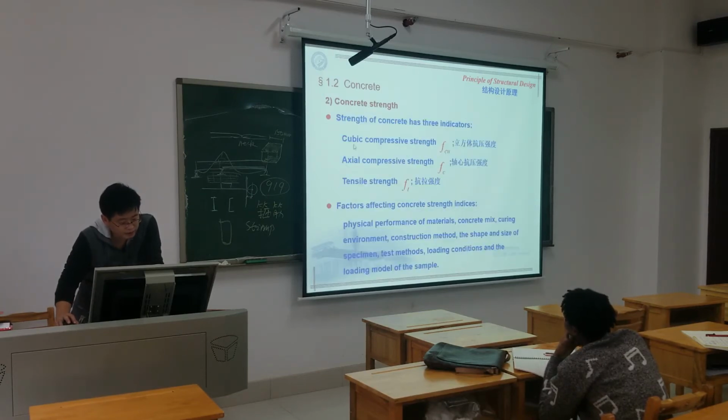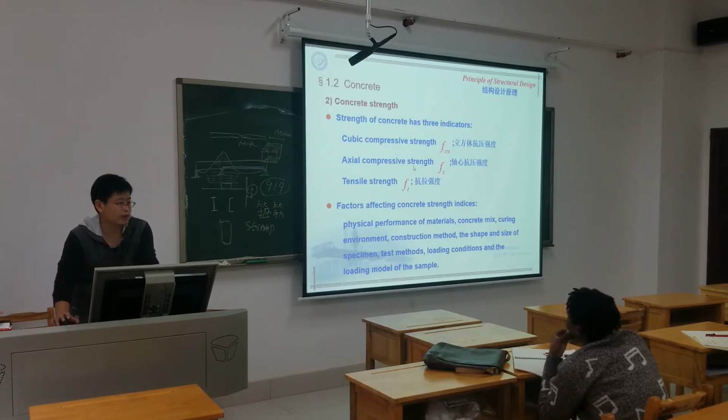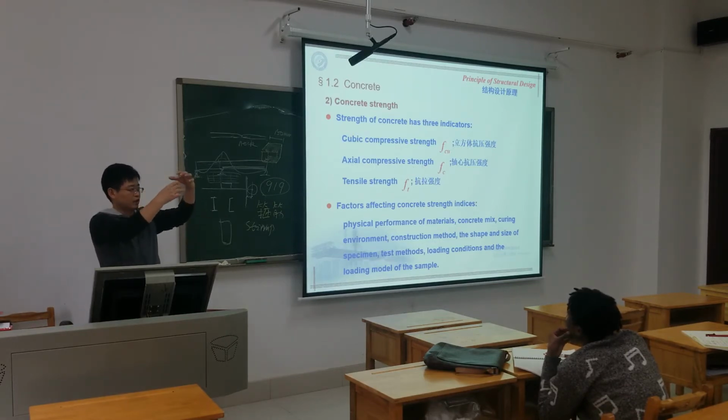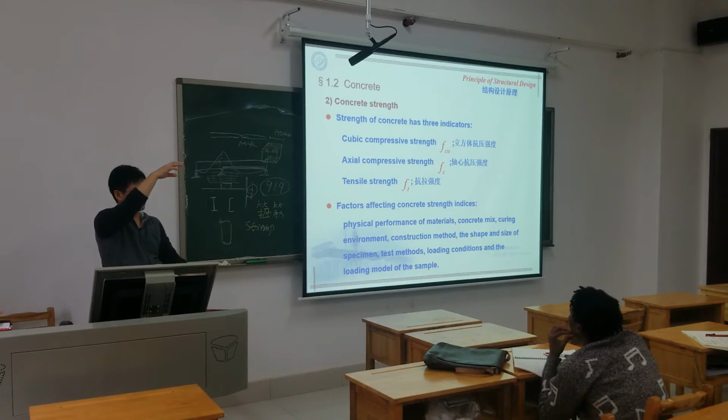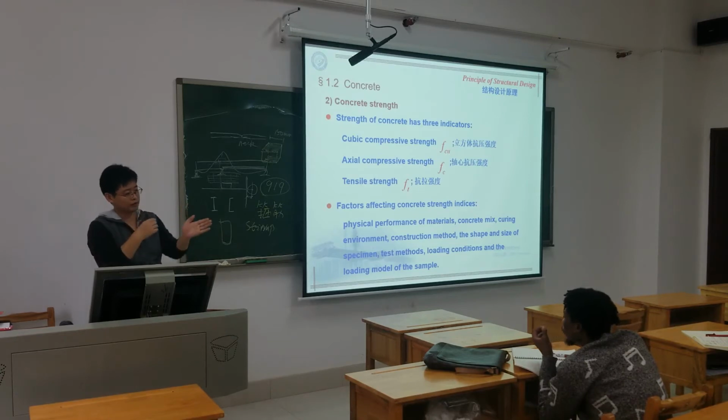So here, the first line is cubic compressive strength. This is the basic one. And another line is actual compressive strength. For the actual compressive strength, the specimen is still a rectangular shape, but it's long. It's not a cube. It's 300 millimeters long, and the section is 150 by 150.